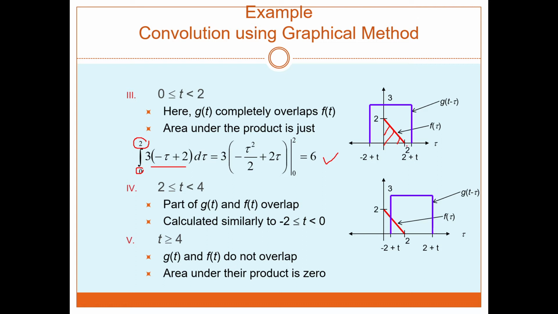Then from 2 to 4, somewhere here, the parts of g(t) and f(t) overlap. So the calculation is the same as for minus 2 to 0, because we have put 2 plus t to 4. And then for t larger than 4, they do not overlap, so the product is 0.